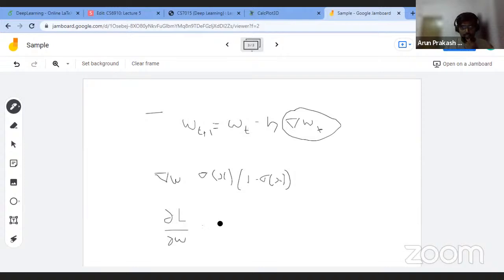So that means we have this entire formula. Actually, we have to compute the gradient all the way starting from the output layer, right? Since we have a single sigmoid neuron here, we have only one neuron. So we have to start by computing the gradient of loss with respect to the output, that is dou L by dou Y. Then we compute the loss with respect to this neuron, and then we go all the way up to the input.